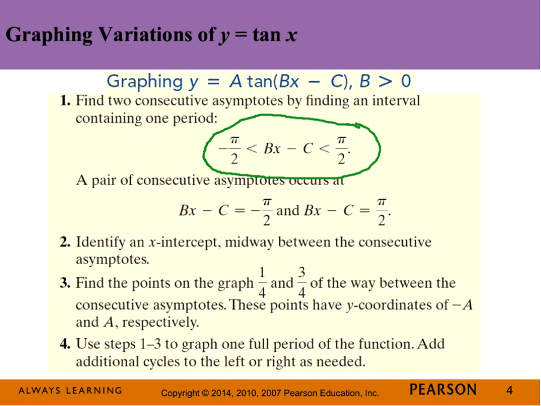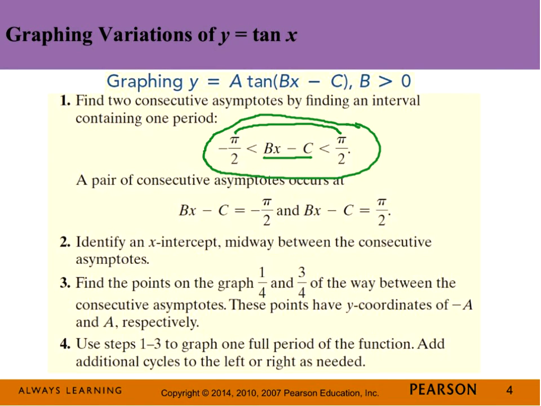So we have a full period of pi, and your endpoints are going to be determined by setting this expression greater than your lesser asymptote and less than your greater asymptote.